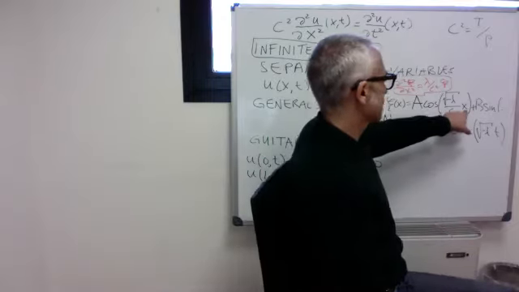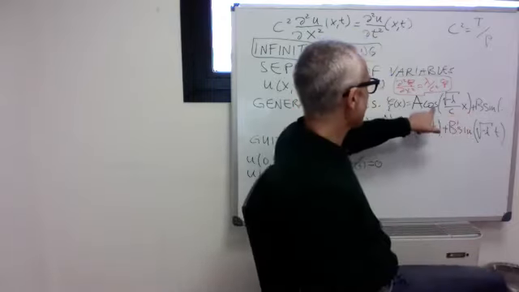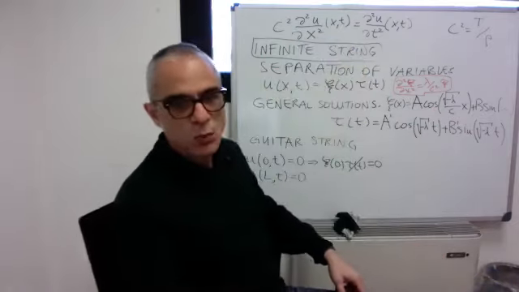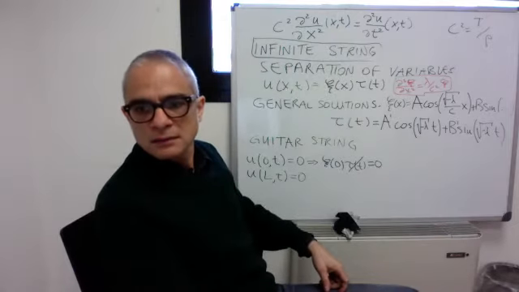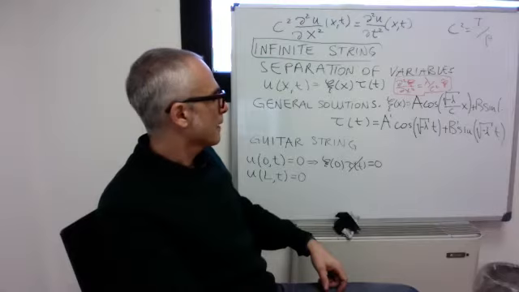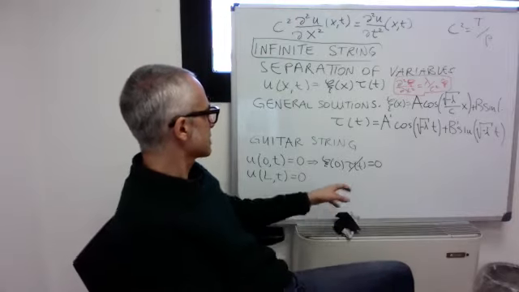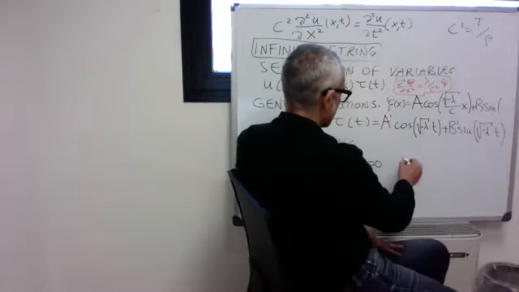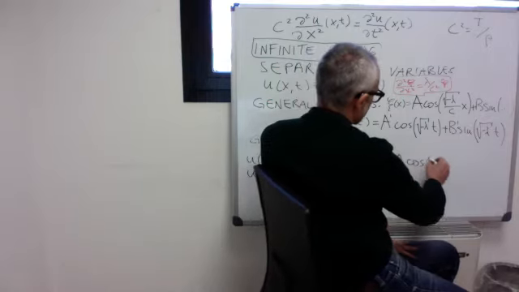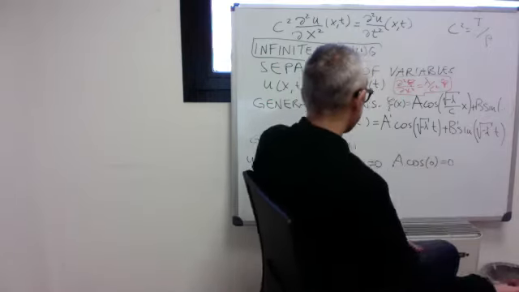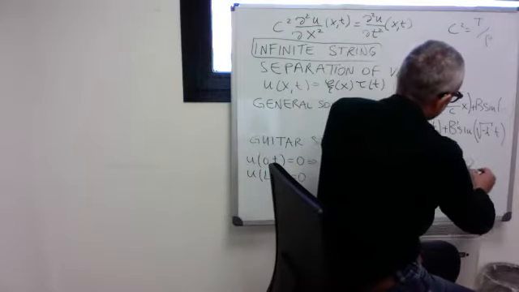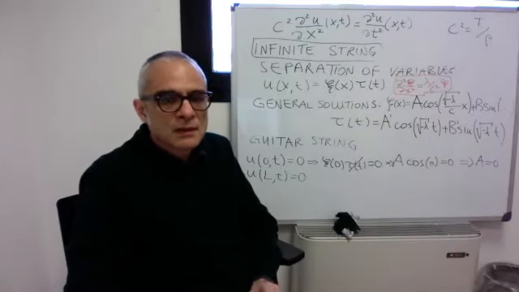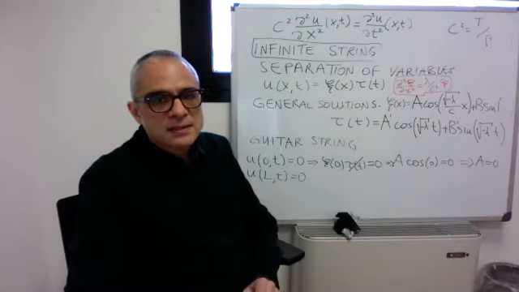If I plug 0 in here, the cosine of 0 is 1, and the sine of 0 is 0. So we are left with a times cosine of 0 equals 0, which necessarily implies that a is 0. So one of the arbitrary constants is gone.